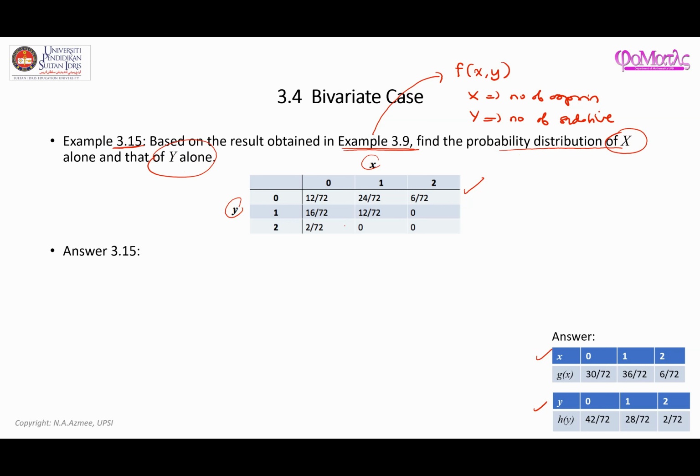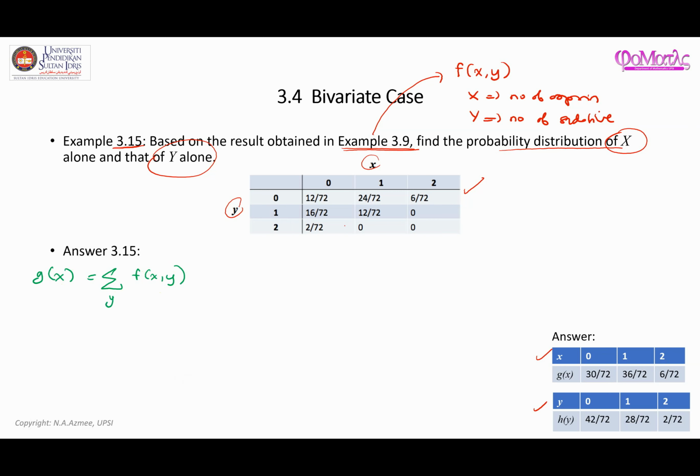Okay, right, according to the formula, if you want to find the marginal distribution for x, which is g(x), the formula that you should use is related to adding up the values of f(x,y). So f(x,y) is the joint probability mass function, and this will be summed up with respect to y.